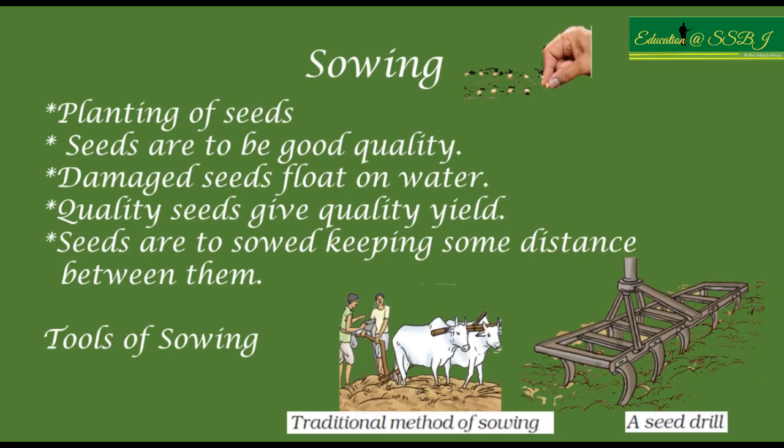And then we have seen the tools of sowing. Traditionally, a funnel was used, where the funnel was connected to a long pipe which is pierced into the soil. And nowadays they use a seed drill.